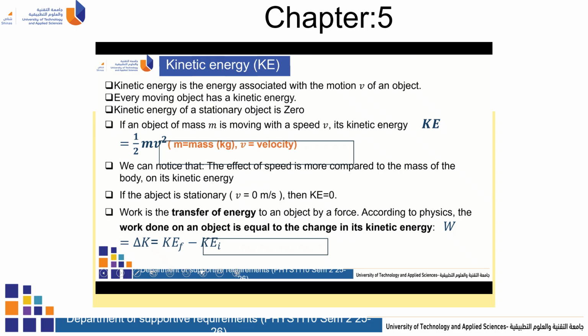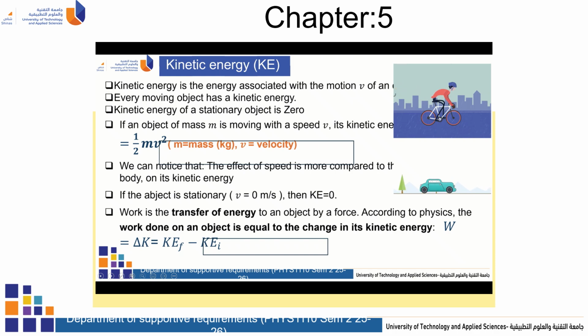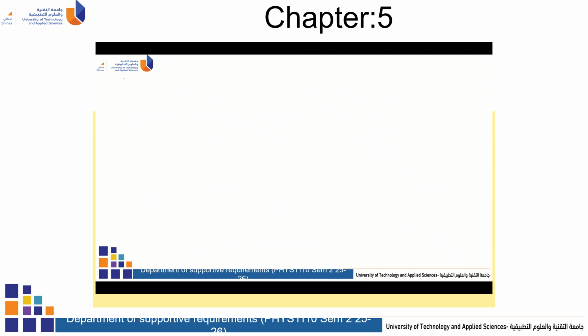Here too much information is given about kinetic energy, and I am writing the rule in a very brief way. The kinetic energy is equal to half the mass and the velocity squared. This is the formula for kinetic energy.